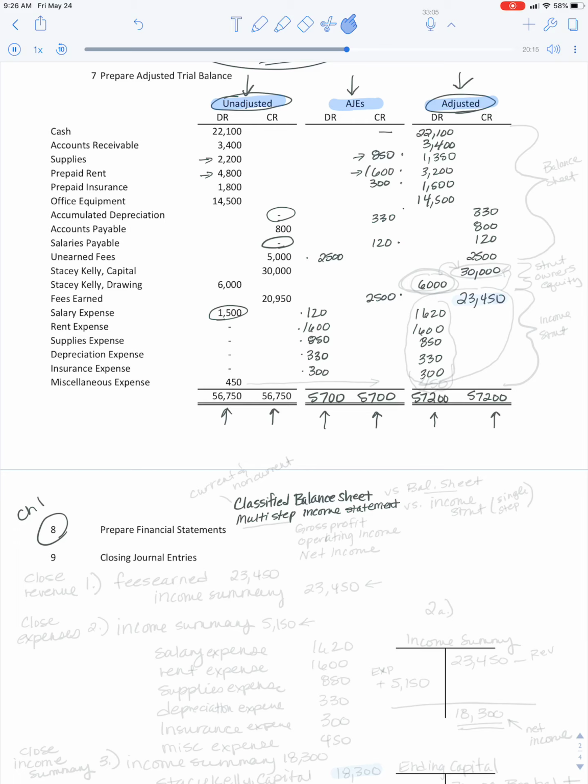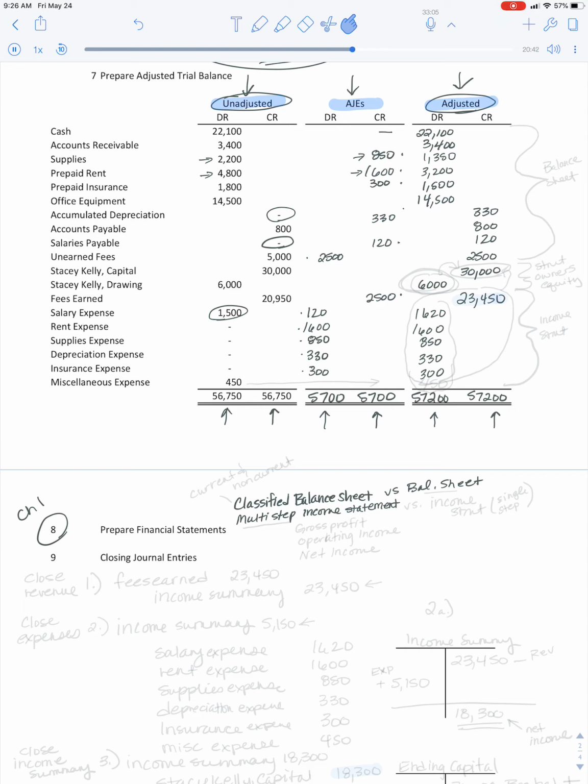However, the financial statements in chapter 4 are a little more detailed than the ones in chapter 1, and they're called a classified balance sheet and a multi-step income statement. So what I want you to do is look at the difference between a classified balance sheet and a normal balance sheet from chapter 1.